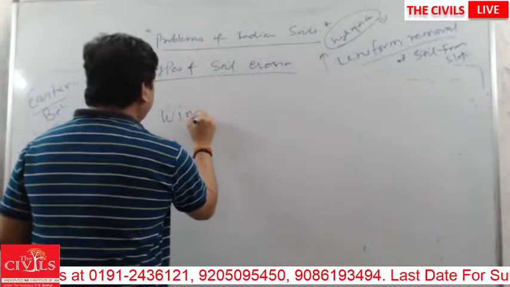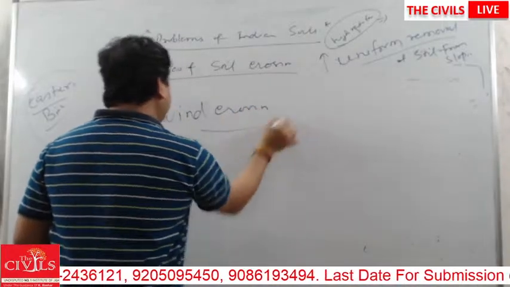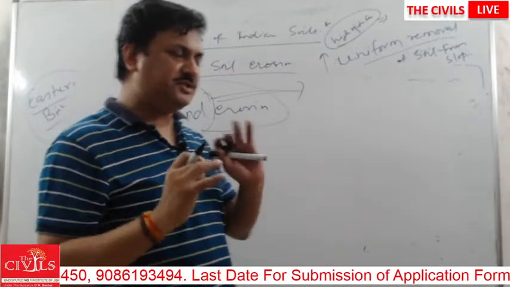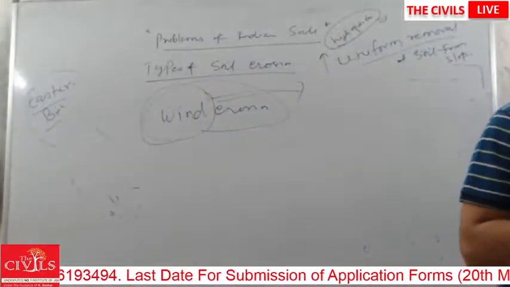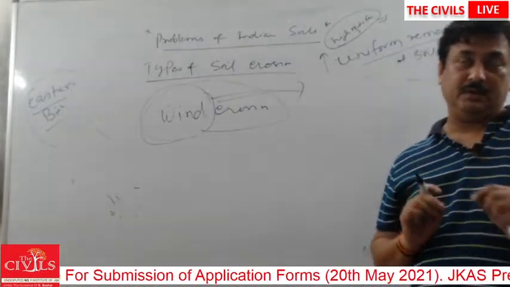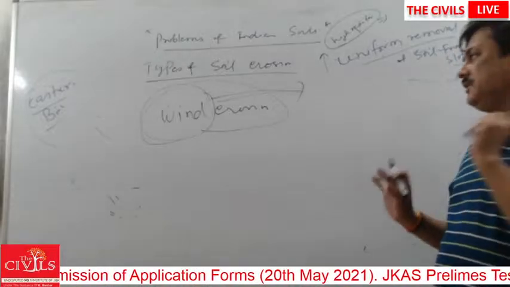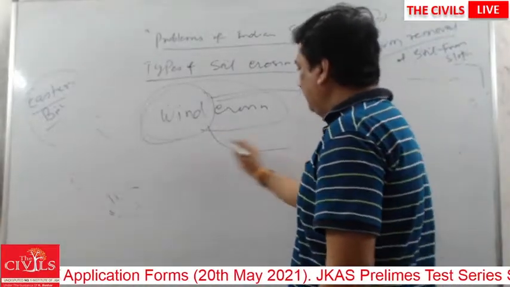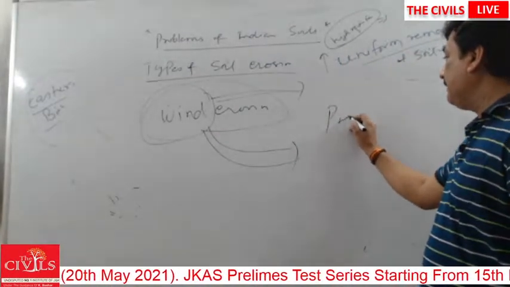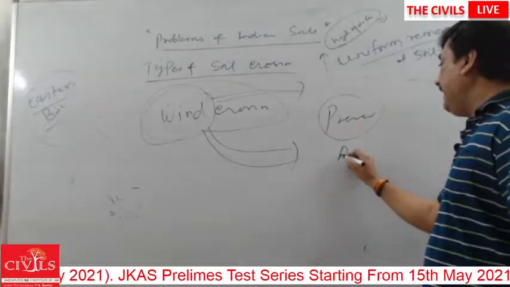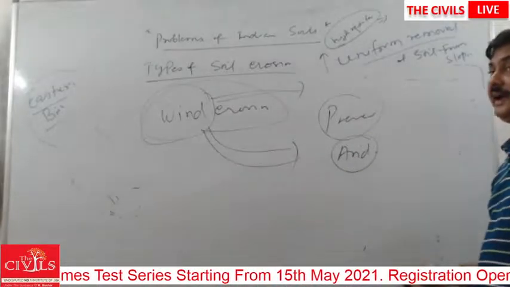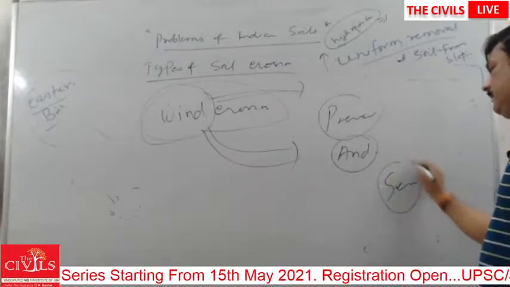In this type of erosion, fast blowing wind is responsible for the removal of the finest particles of the topmost layer of soil. This type of erosion is prevalent in arid and desert or semi-desert areas.